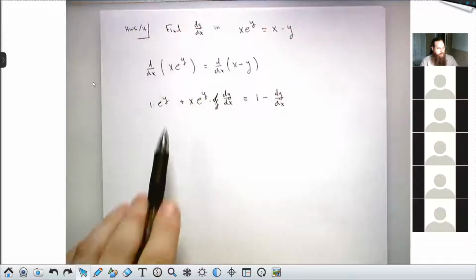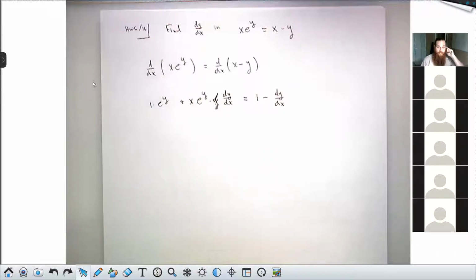And so now I've arrived at this place where I've got an equation that I can solve for dy dx. So this term has a dy dx in it, and this term has a dy dx. So I should push both of those to the same side. And then anything that doesn't have a dy dx in it, like this and this, should go to the other side.